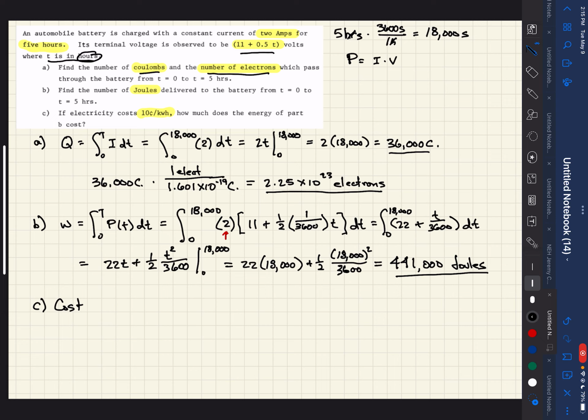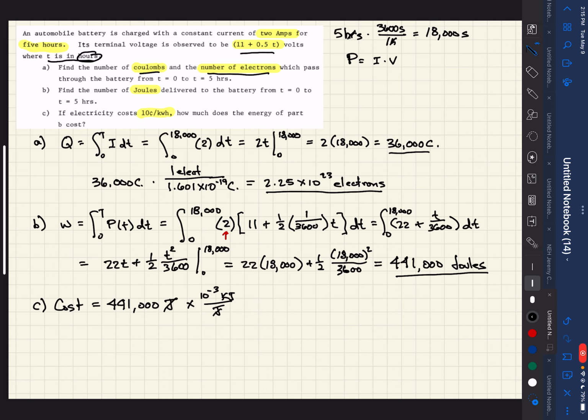So in this case, we're going to take the energy that we just calculated, 441,000, and that's joules. Okay, and we need to convert that to kilojoules. So we'll say times 10 to the minus 3 kilojoules over joules. So that's the same thing.